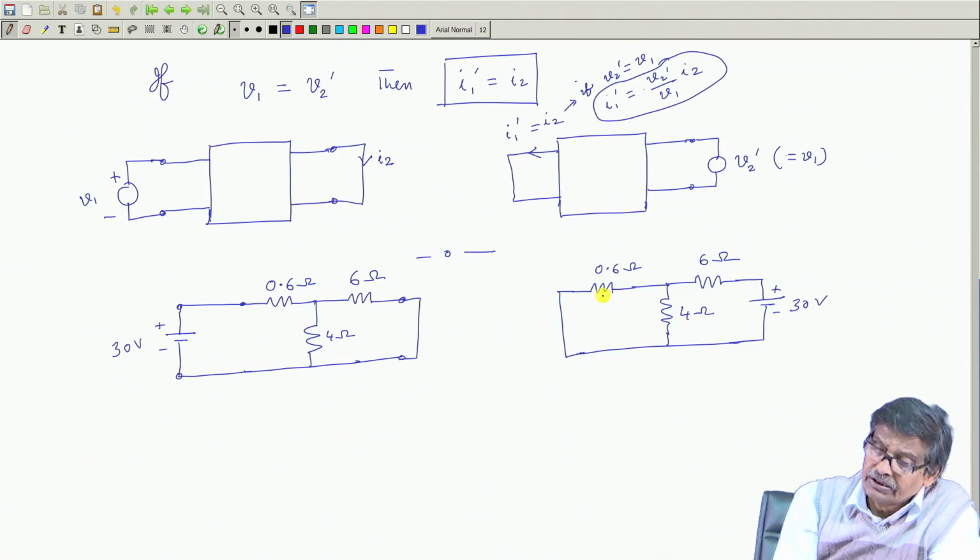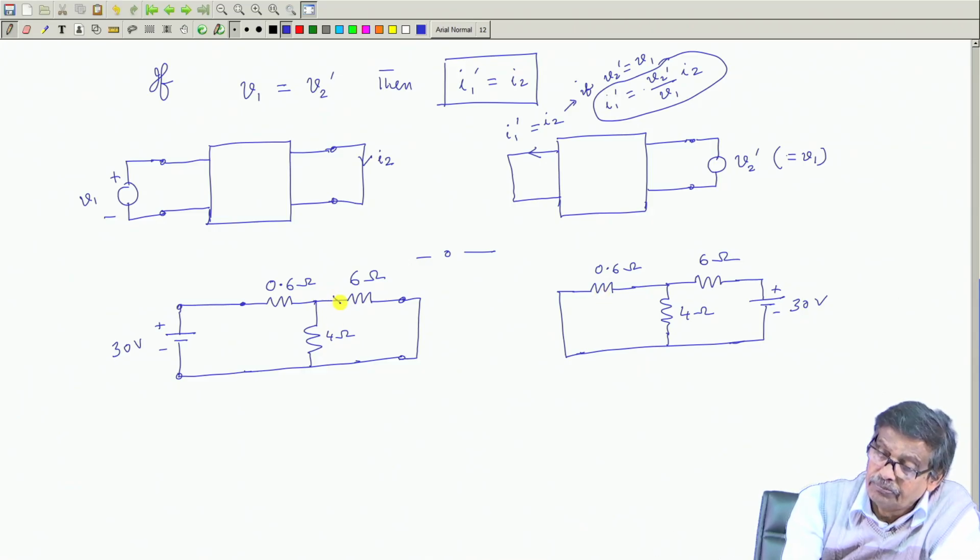The calculation of currents is very simple. I have taken the figure. If you solve it, it will be 4 ampere here and 6 ampere there, and here it will be 10 ampere.